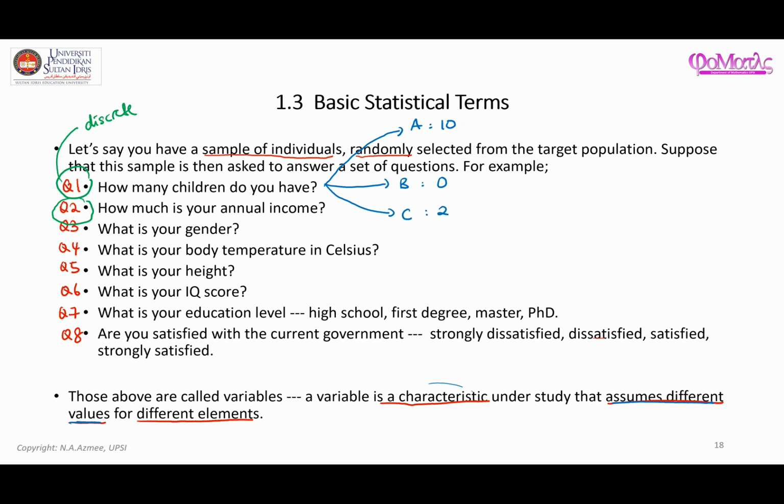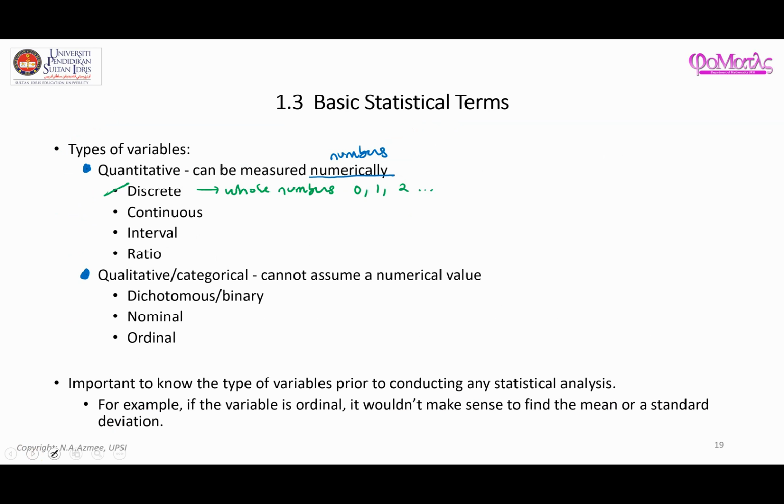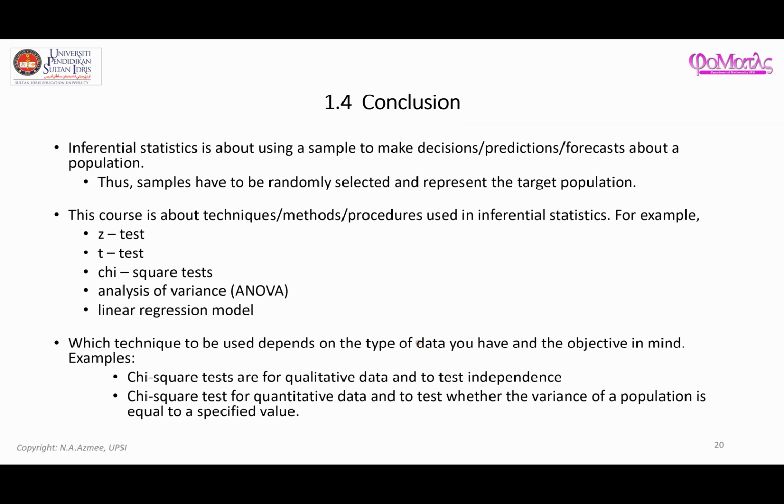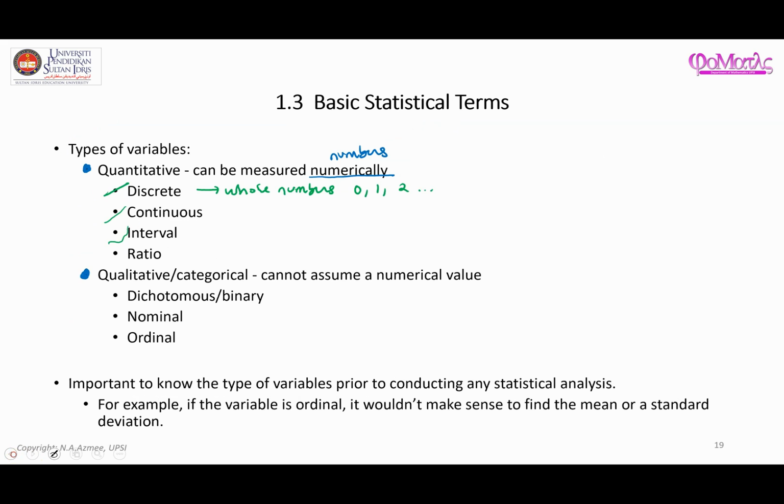Okay, all right, so there you go. Next is the interval variable. The meaning of interval variable is that this type of variable doesn't have absolute 0.